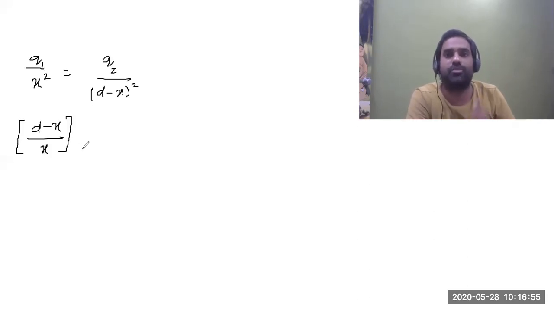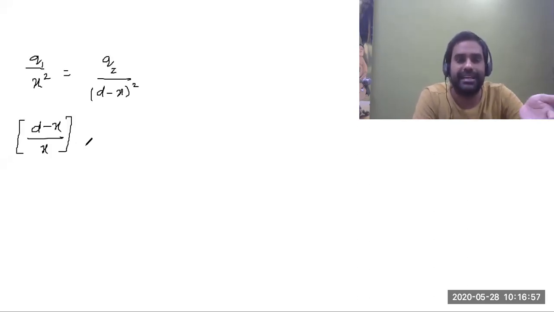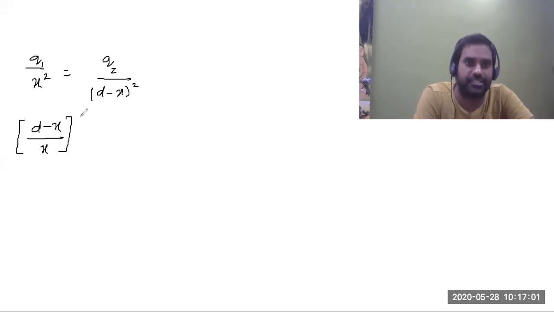In the problems you will be asked majorly for the determination of the null point from the smaller charge, right? (D minus X) by X whole square is equal to, students, you can write Q2 by Q1.